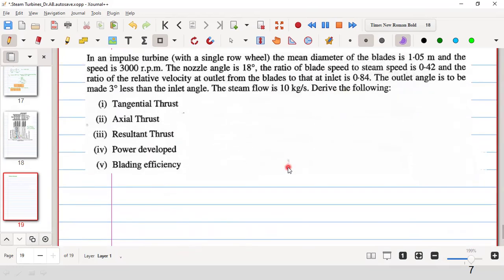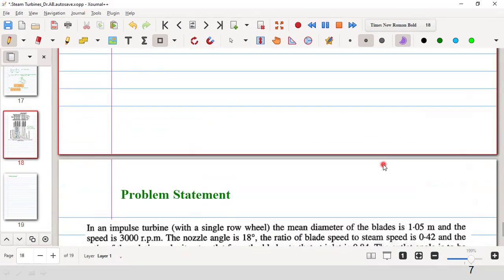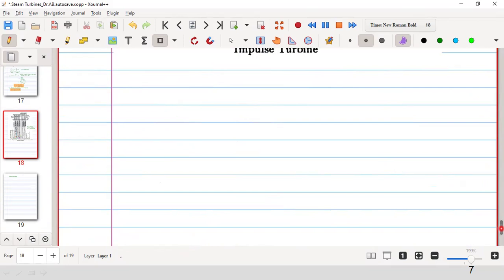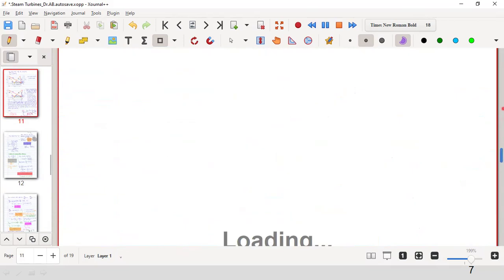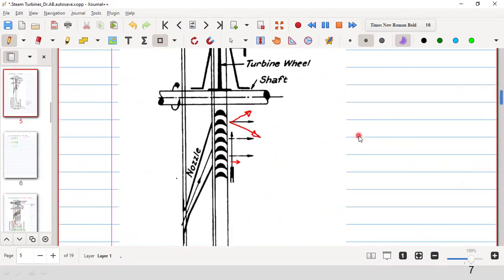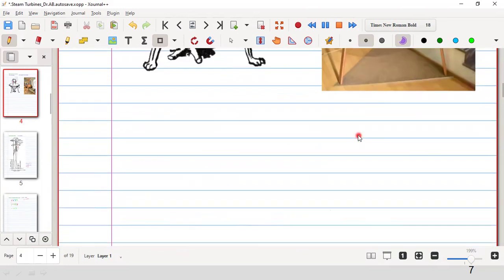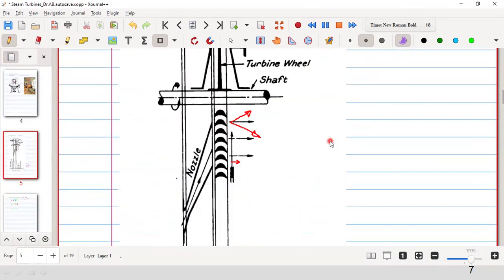What is the meaning of mean diameter? Again I am showing that diagram, or we may copy that diagram here for convenience.